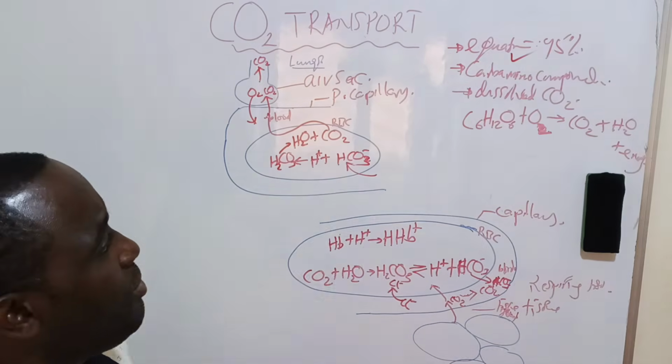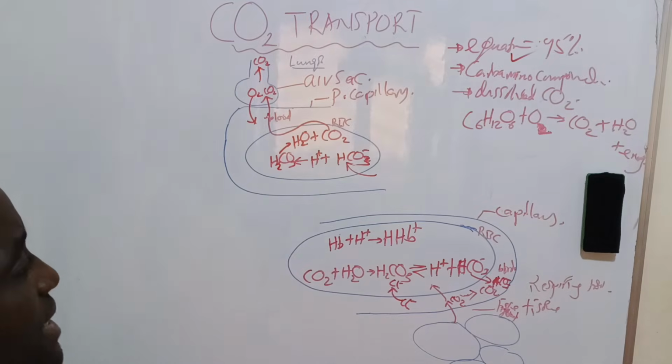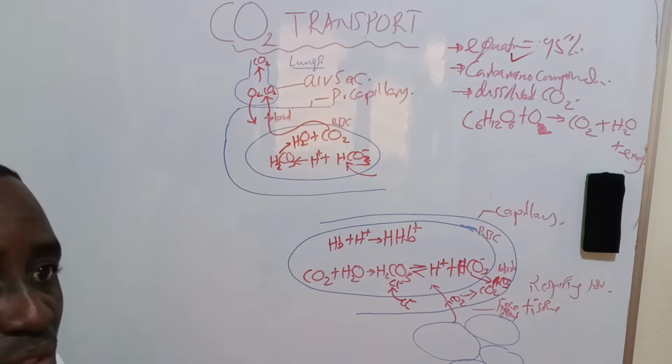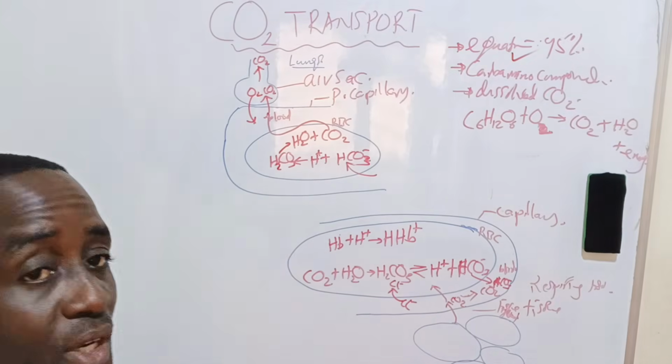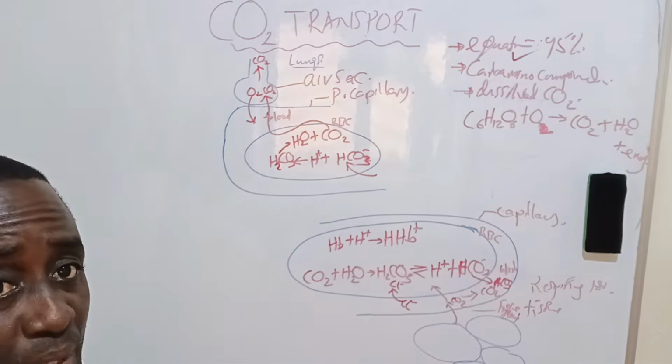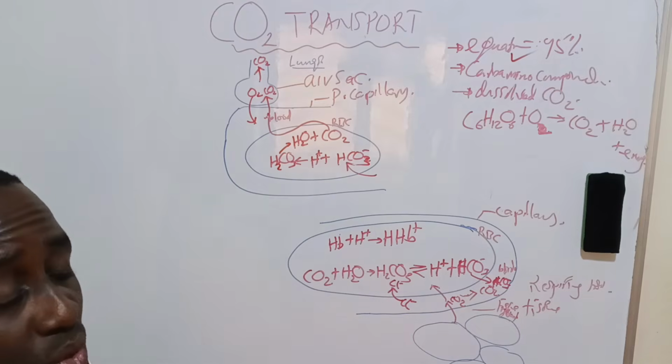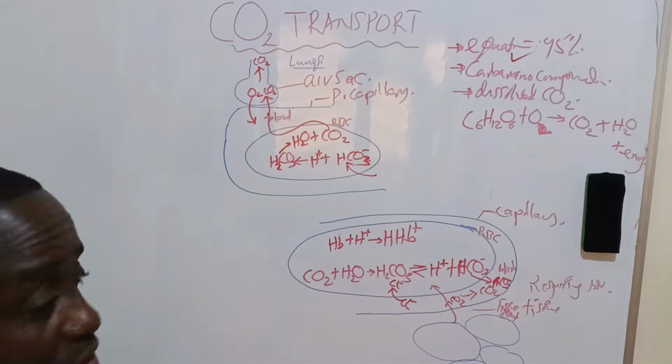The second pathway is by carbamino compounds. Some amino acid residues. Master, what are the amino acid residues? Amino acids, after combining by peptide bonds to form polypeptide chains, we don't call them amino acids, we call them amino acid residues.